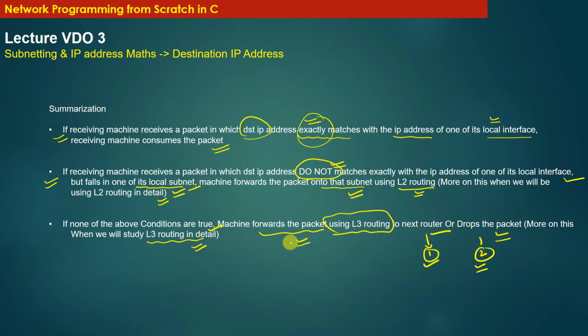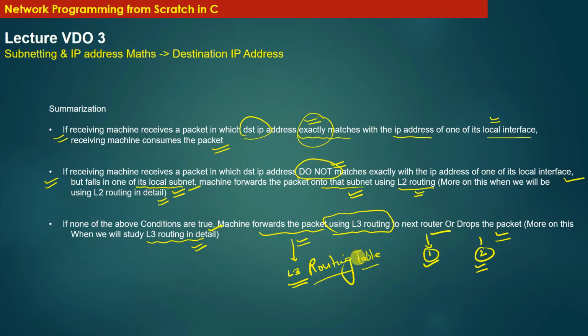The router will choose to forward the packet if the destination IP address belongs to some remote subnet and that remote subnet entry is present in the L3 routing table of the router. And if that entry is not present in the L3 routing table, then the router does not know where to forward the packet.